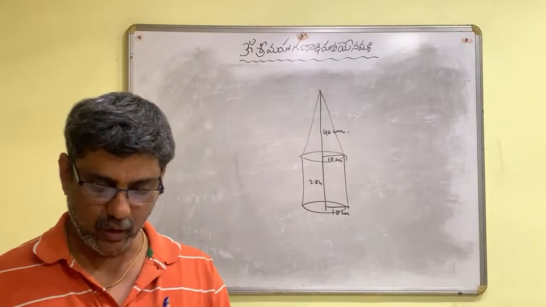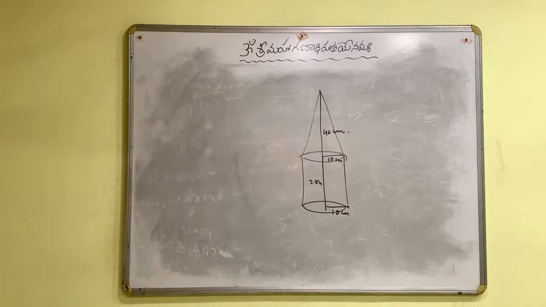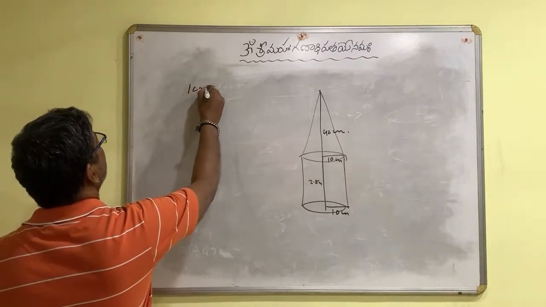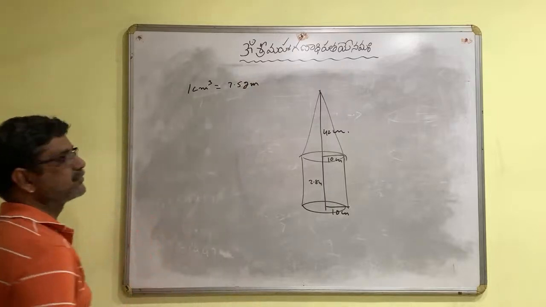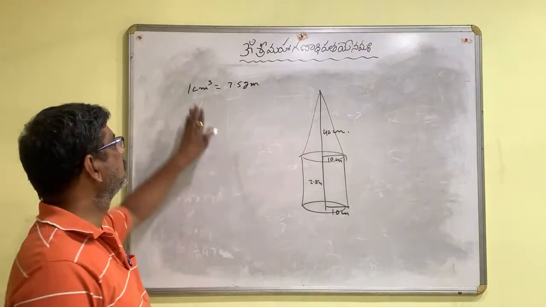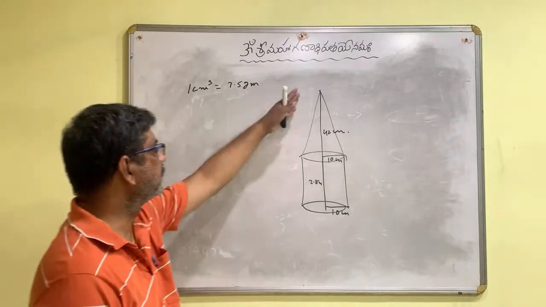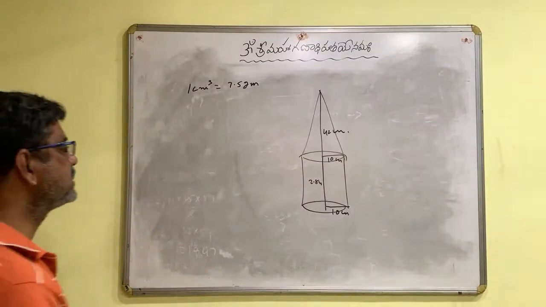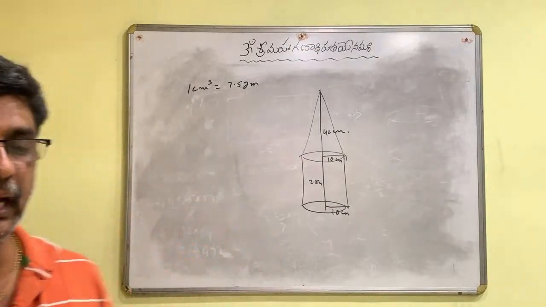Now we need to find out weight of the pillar. If 1 centimeter cube volume is 7.5 grams, then how much weight will the total pillar be? This is the question. So what we have to calculate?